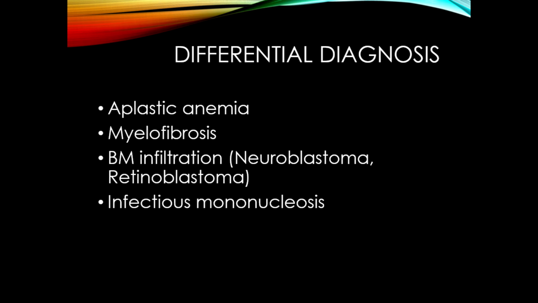Myelofibrosis as well, we have to think of it. Bone marrow infiltration in the cases of neuroblastoma and retinoblastoma, as well as infectious mononucleosis, which is a viral infection due to EB virus, and the patient will present, as you know, with fever, with pallor, with generalized lymphadenopathy, with splenomegaly, and so it comes in the differential diagnosis.